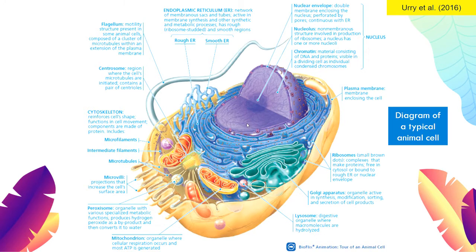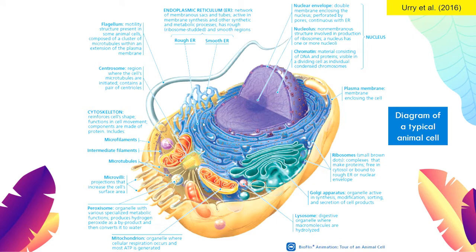Now, everything between the nucleus and the cell membrane is your cytoplasm. You can find the following organelles there. Right after the nucleus, you can see it surrounded by the endoplasmic reticulum. This is where protein synthesis takes place, and other synthetic metabolic processes.